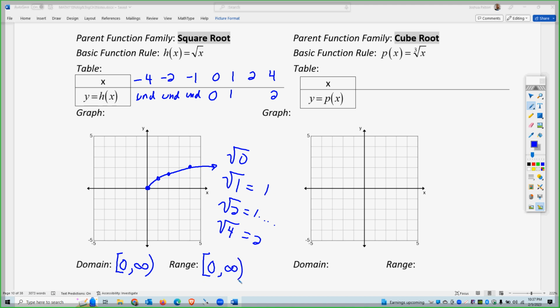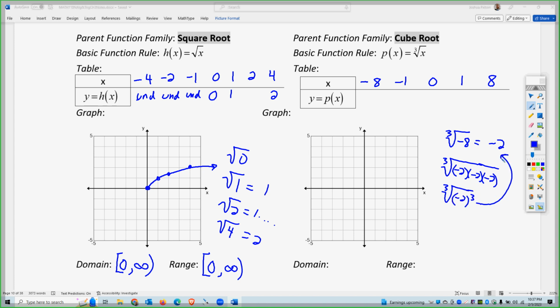All right, so my perfect cube, I'm going to pick some specific numbers here. I'm going to pick -8, -1, 0, 1, and 8, right? So the cube root of -8 is -2, correct? Because this is -2 times -2 times -2, correct? There's 3 of them, right? So the third root of -2 to the third power is -2.